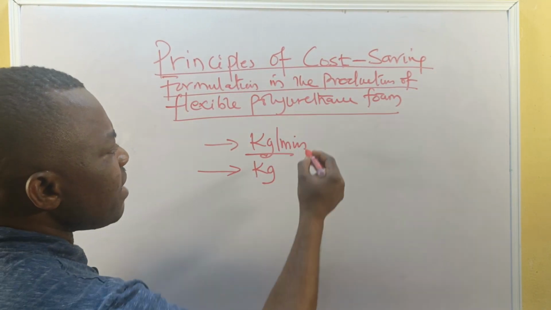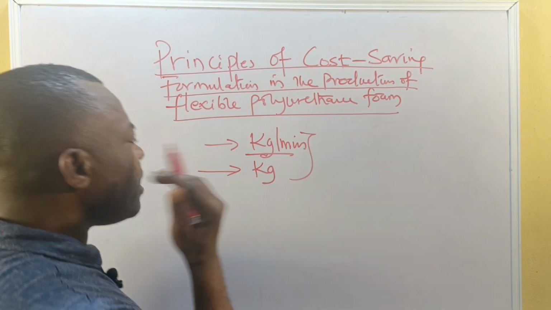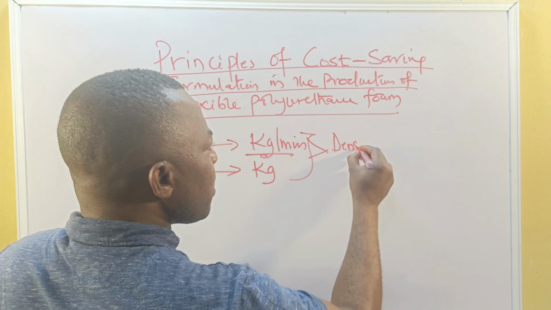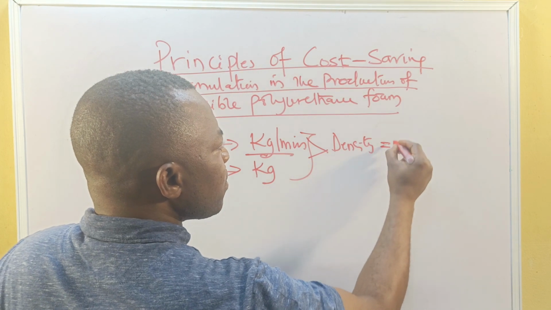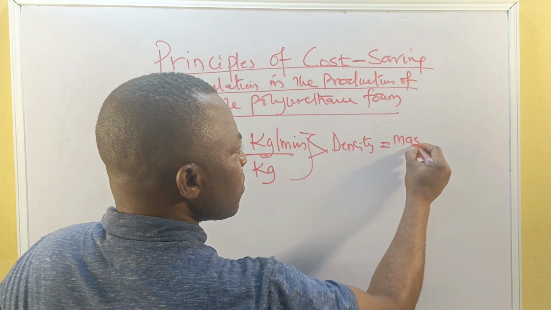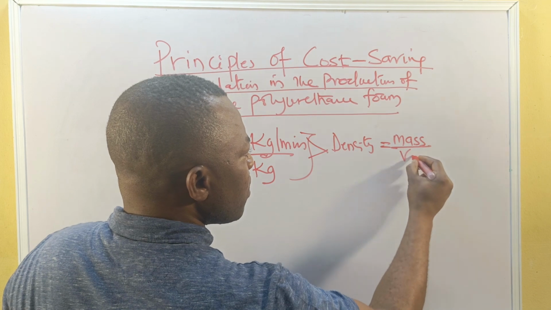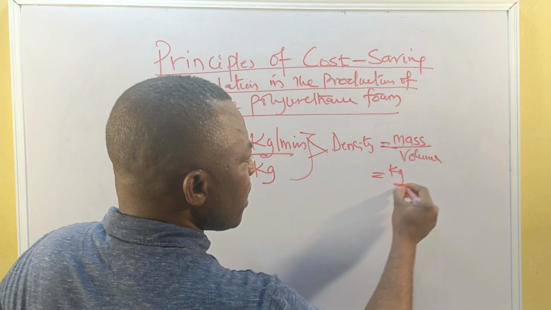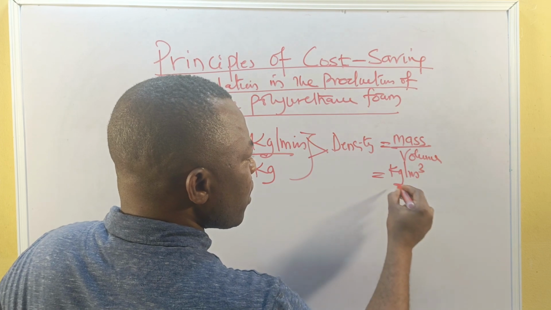Now, we look at density. Density here means mass over volume. The unit is in kg per meter cube.